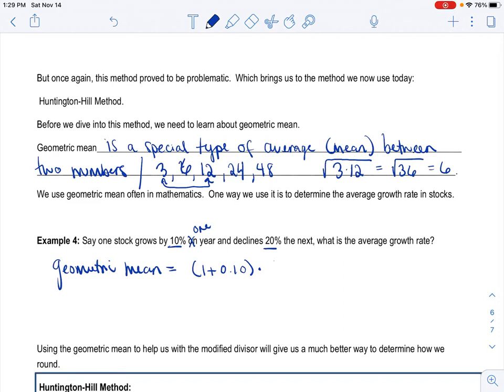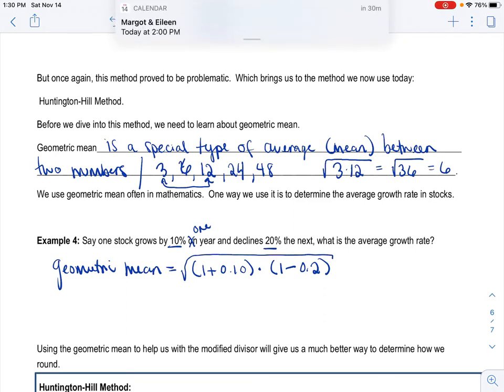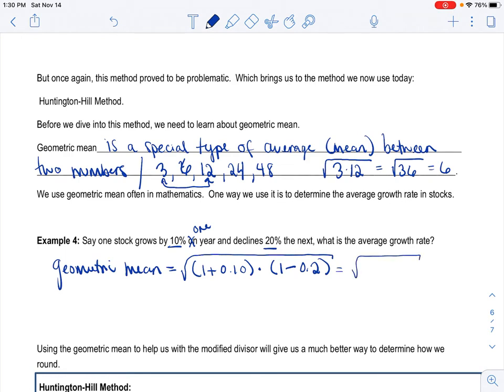I multiply it by the decline, where you take what you originally had, 1, but we decline, so it's minus 0.2. Then you take the square root of that. So you have the square root of 1.1 times 0.8, which is the square root of 0.88. If you use your calculator, we end up getting roughly 0.94.